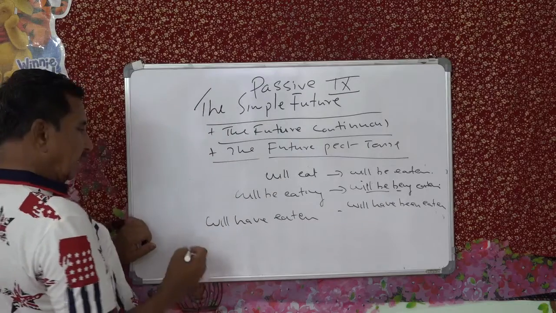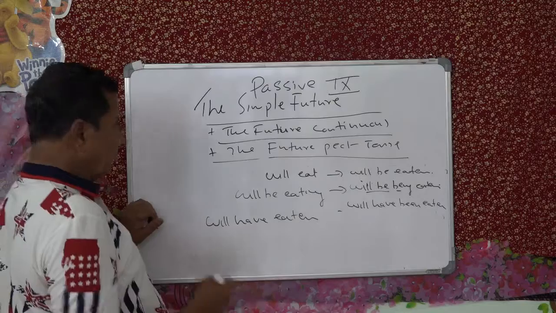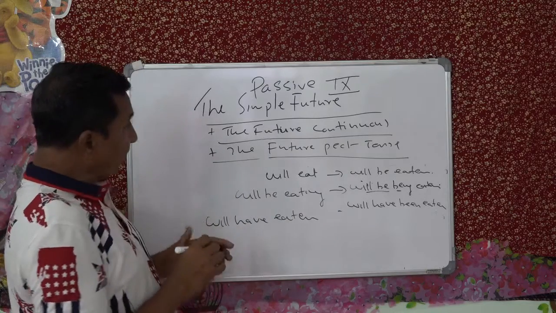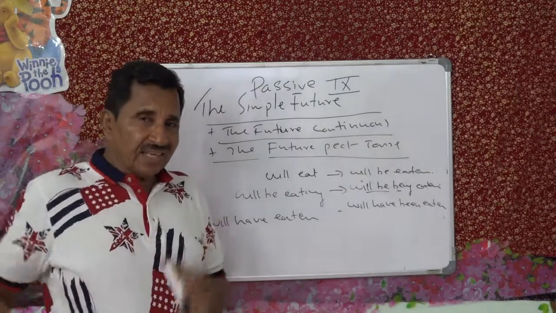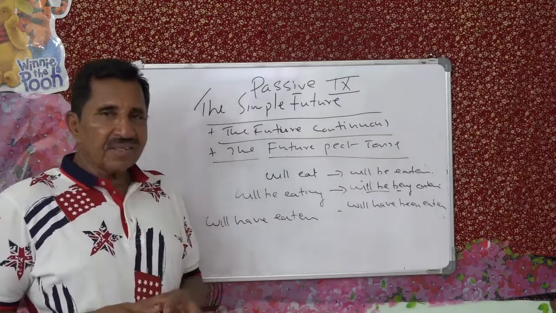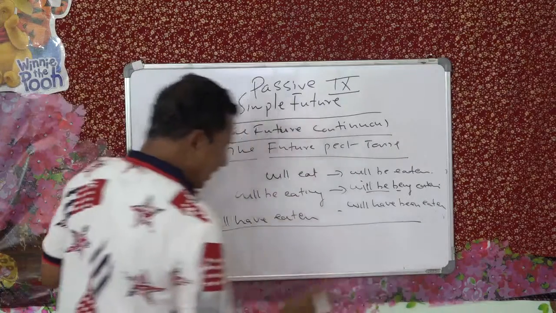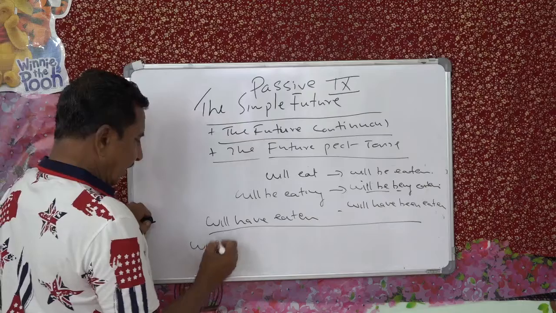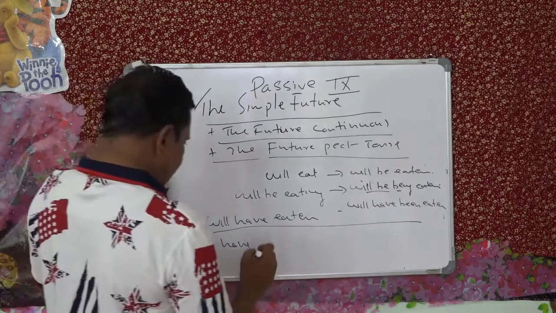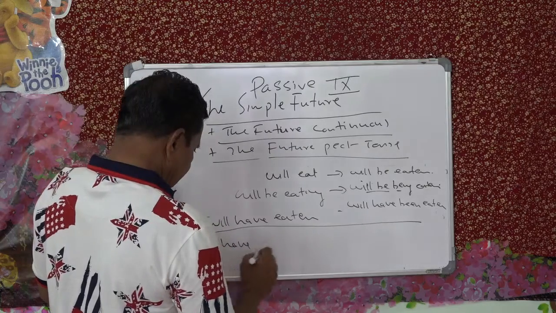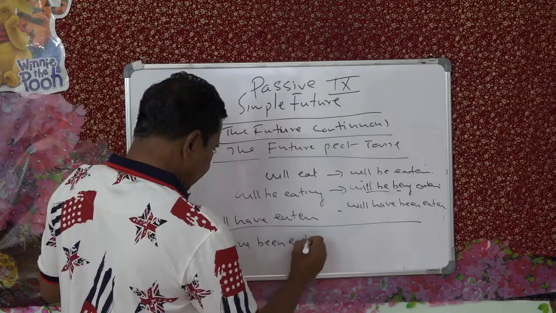Now you can have the future perfect continuous. See, for example, will have been eating. You can have it, but the passive will be, just for the sake of academic interest, will have been eating.